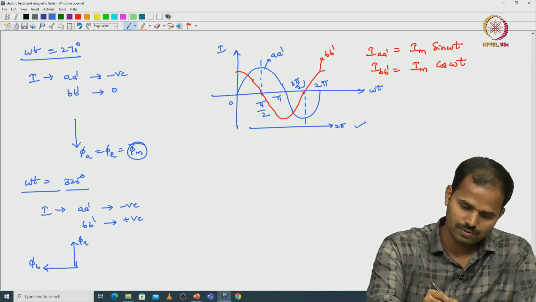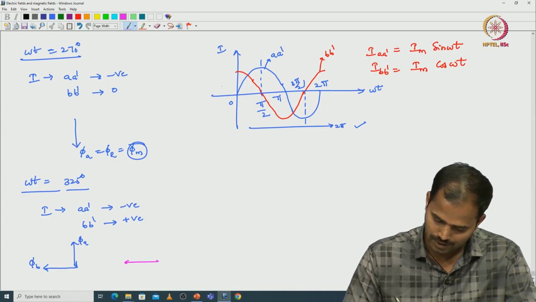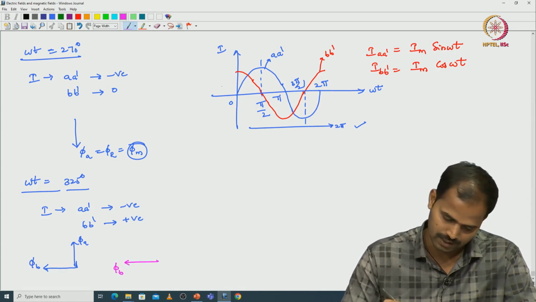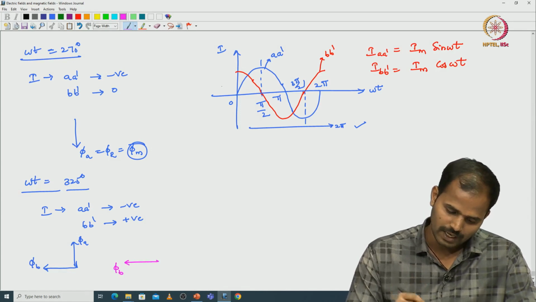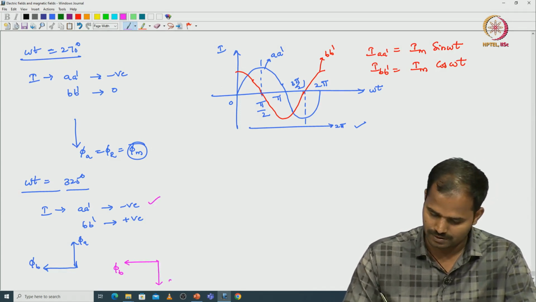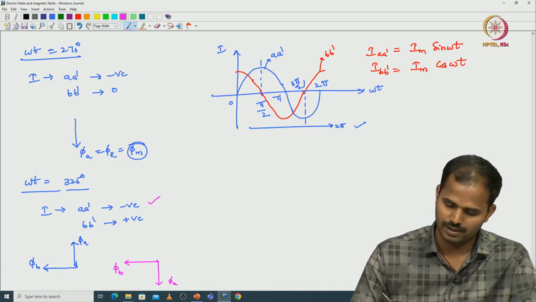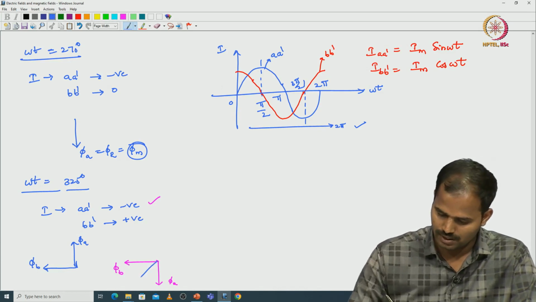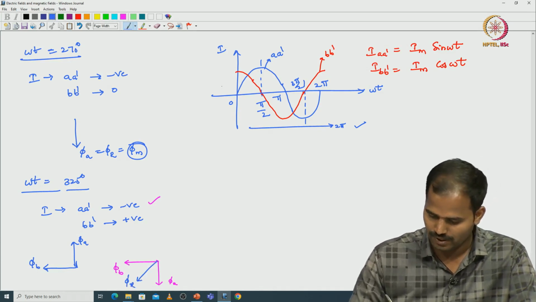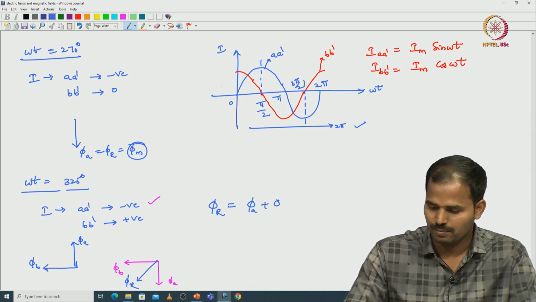So, now the B dash coil is getting the same positive current, then phi b is in this direction, A dash coil is getting negative current. So, phi a should be reversed, this is phi a. So, the resultant vector is in this direction, that is phi r. So, phi r equals vector addition of phi a plus phi b.